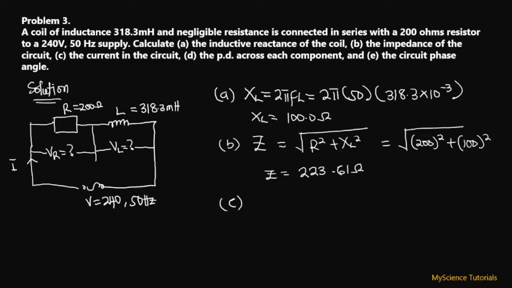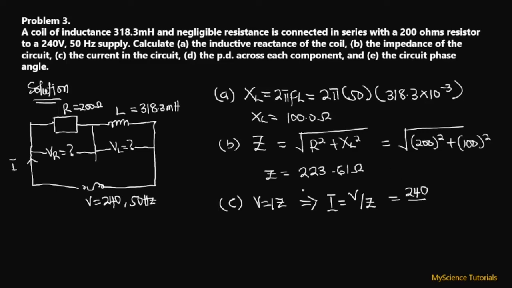Okay, now let's continue to look at the third aspect of this question. We have to find the current flowing through this circuit. So we know that V is equal to IZ. This implies that our current is equal to the ratio of voltage to the impedance. And this is equal to, our voltage is 240 volts, so we have 240.